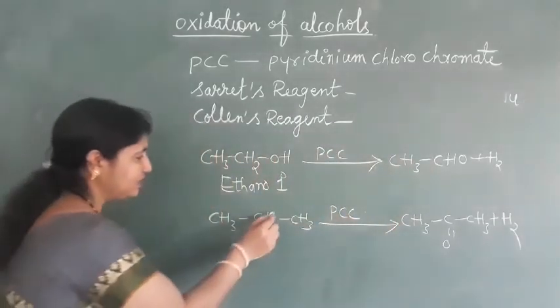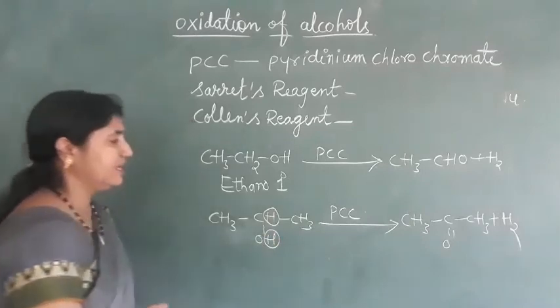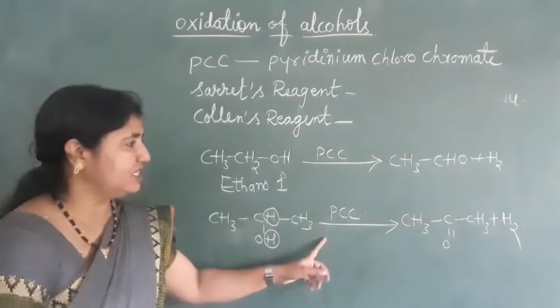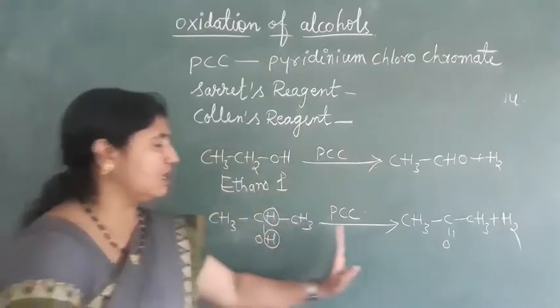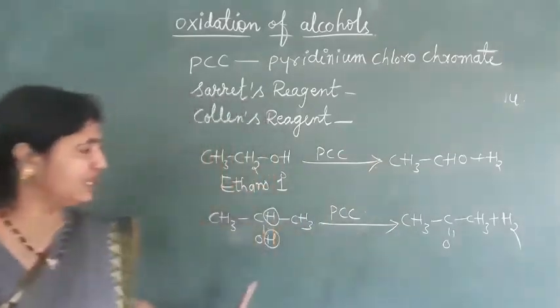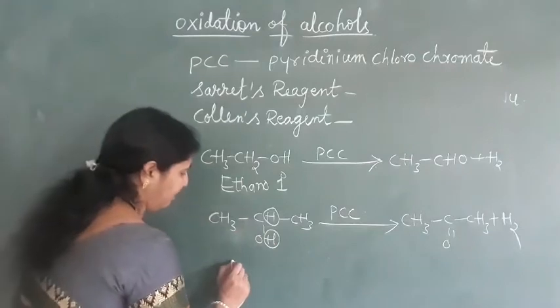This is dehydrogenation. So with a mild oxidizing agent, primary alcohol converts into aldehyde, secondary alcohol converts into ketones. Tertiary alcohol, no effect.